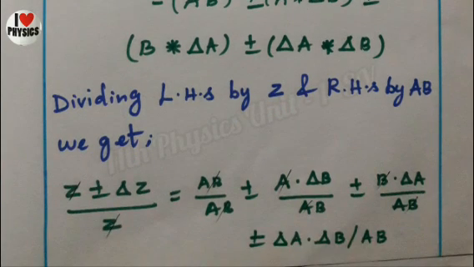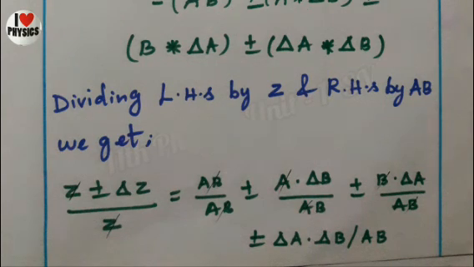Dividing the LHS, that means left hand side, by Z and the right hand side, that means RHS, by AB, we get: on the left hand side one part of Z and Z cancel, so the other part is del Z divided by Z. On the right hand side, AB cancels; in the second part A cancels, in the third part B and B cancel, and in the fourth part nothing cancels.